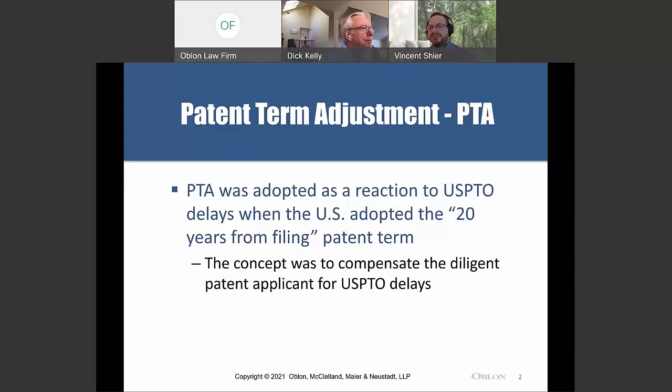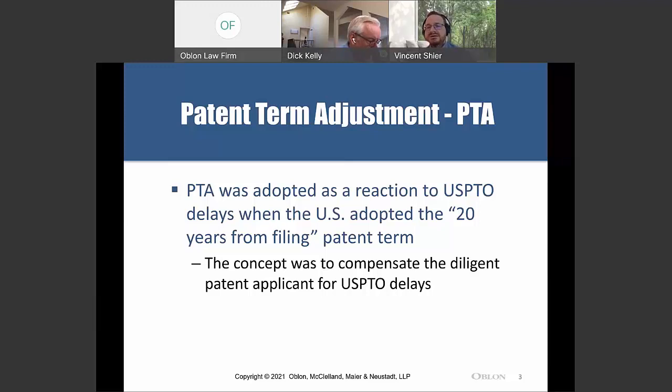So looking a little bit closer at patent term adjustment, really the origin and the intent of patent term adjustment was to compensate the diligent patent applicant for delays that were caused during examination by the USPTO. This really was in recognition of the fact that the Patent Office has long had increasing backlogs, has experienced increasing delays at times.